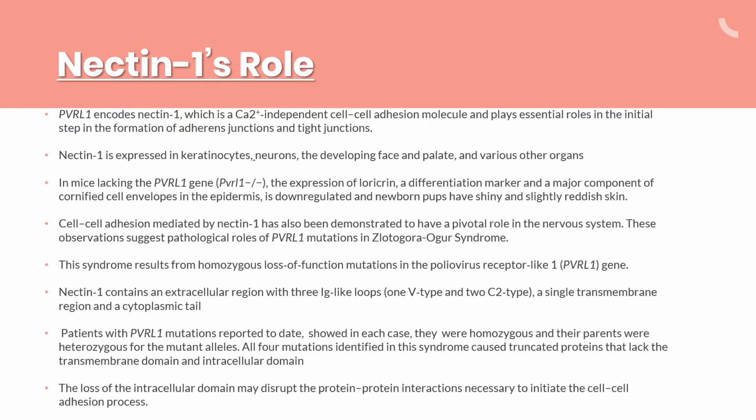All 4 mutations identified in the syndrome cause truncated proteins that lack the transmembrane domain and the intracellular domain. A loss of the intracellular domain may disrupt the protein interactions that are necessary to initiate the cell-to-cell adhesion process.